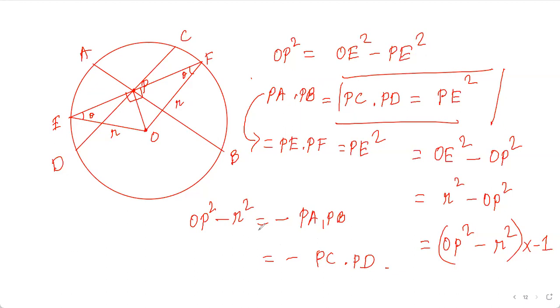And one more result that we need is Ptolemy's theorem. This is also very important. So what does Ptolemy's theorem tell us? Suppose you have a quadrilateral.